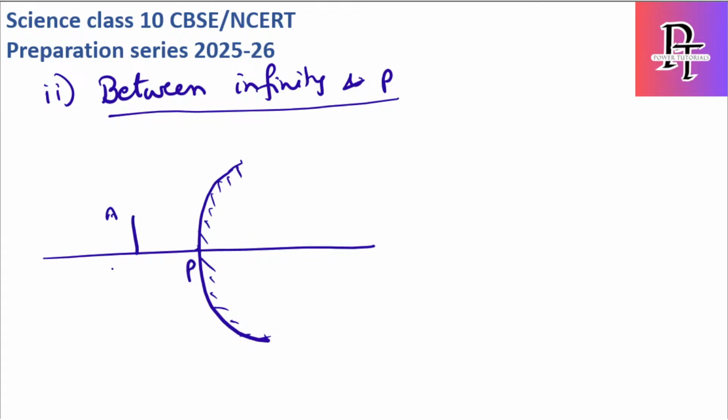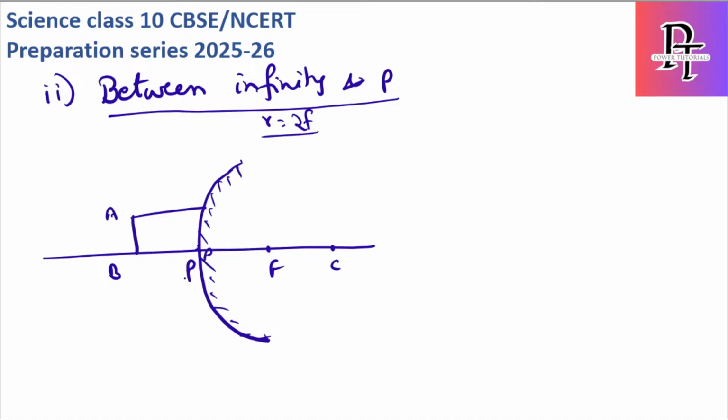AB is the object. Let's draw one parallel line. This is the principal focus and this will be the center. The distances are the same: from pole to center the distance is r, so r is equal to twice the focal length. We assume a small mirror such that r is equal to 2f.